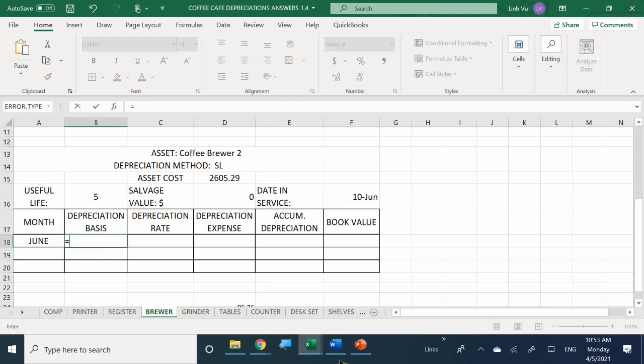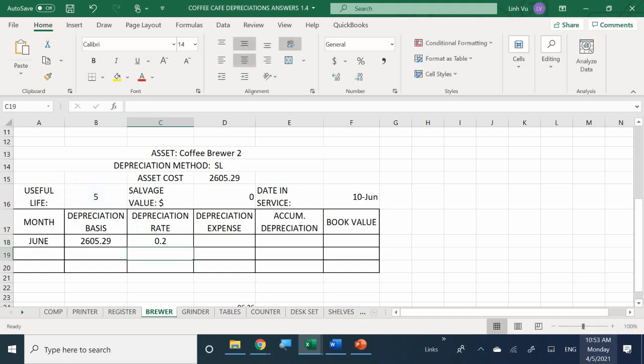Okay, what's my depreciation basis going to be? 2,605.29. Yep, 2,605.29. What's my depreciation rate this time? 0.2. Good. So what's my depreciation expense going to be for the month of June?